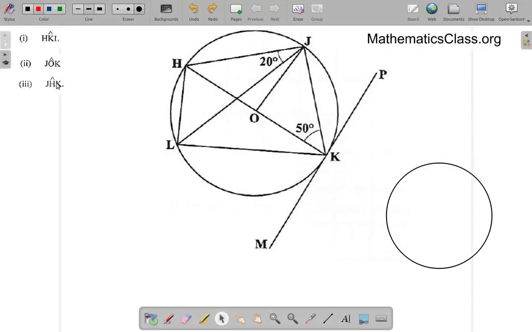Alright, let's see. HKL, JOK, JHK. I've already copied these here, and I have my little circle here to examine any circle theorem that we might use. Here now, angle HKL. So the angle that we're finding is this. Are you able to identify any circle theorem that we could use?